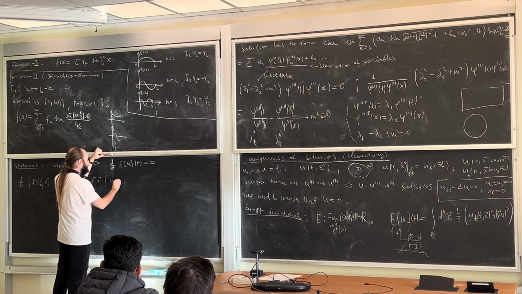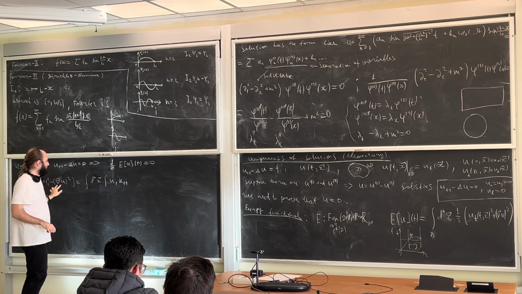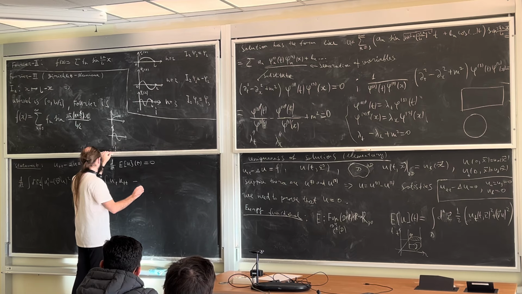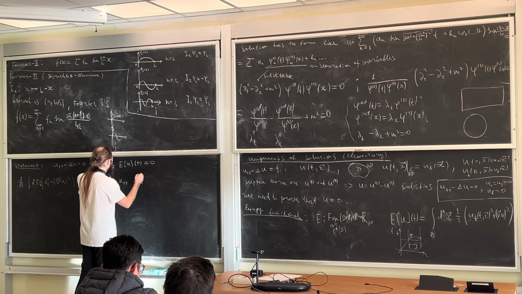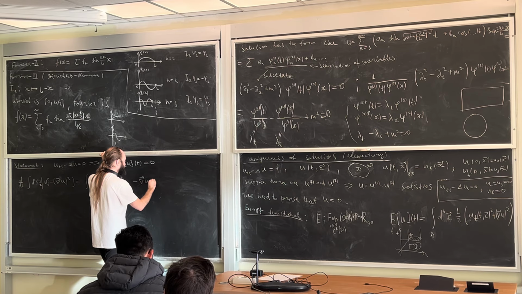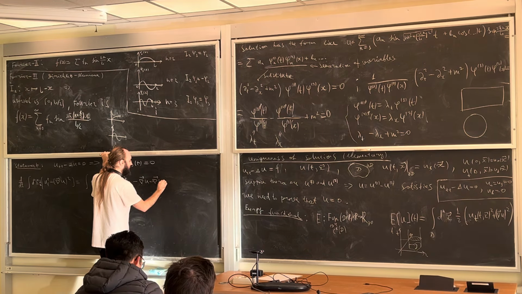Here you have u_t times the second time derivative of u. Here we have gradient of u times gradient of u_t.